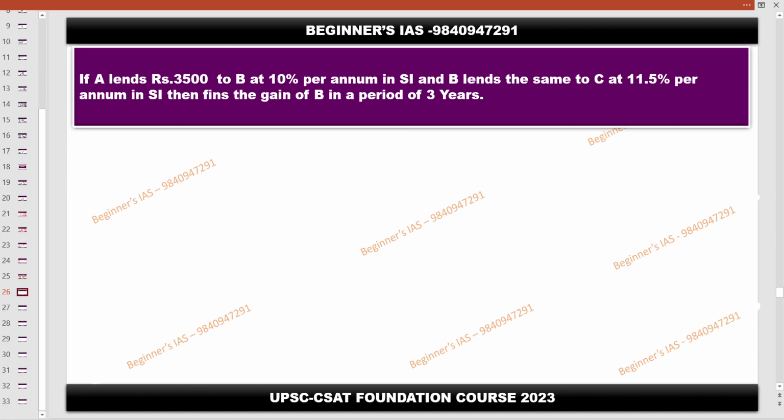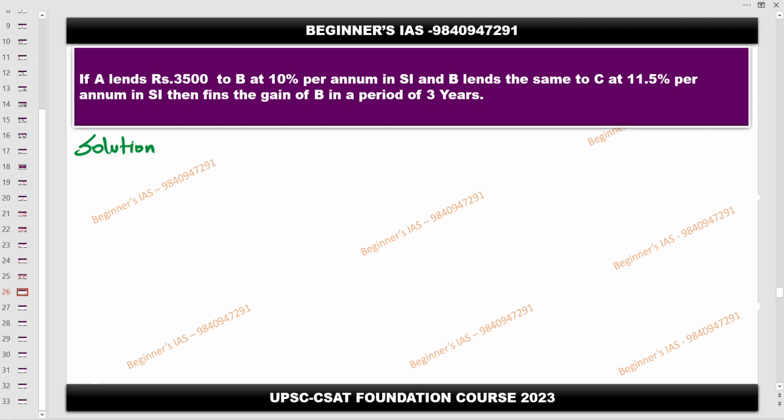Okay, so you need to calculate the percentage gain first of all. Here, how to solve this problem? A lends rupees 3500 to B at 10% per annum simple interest.